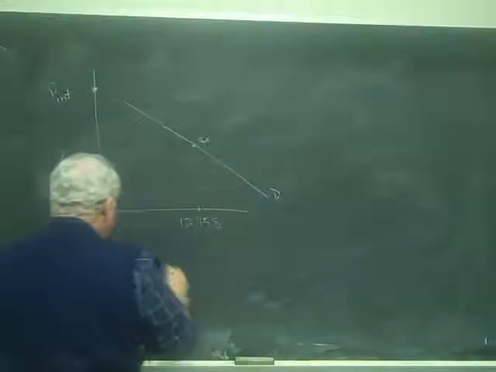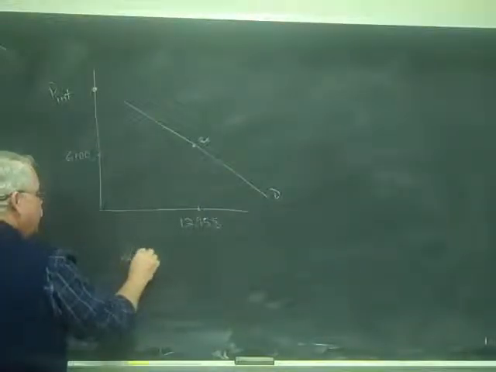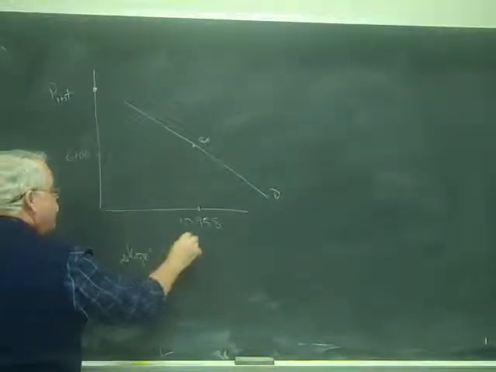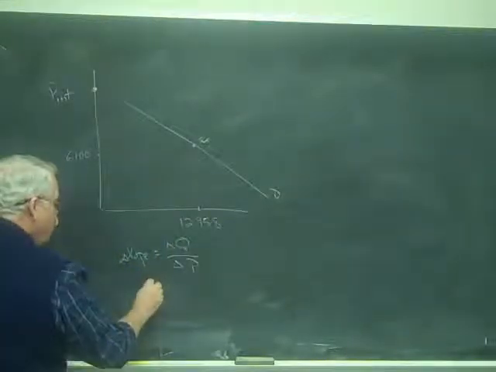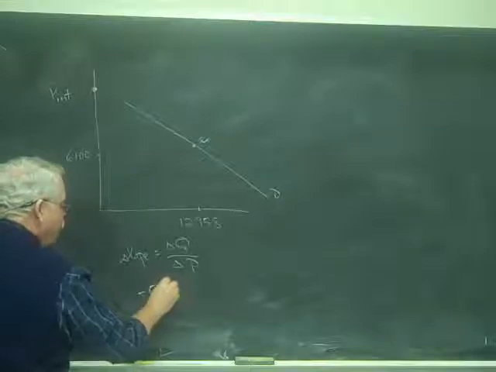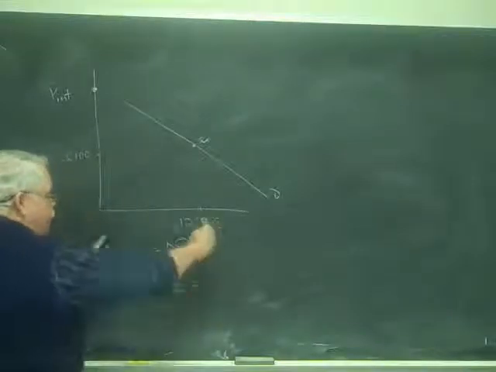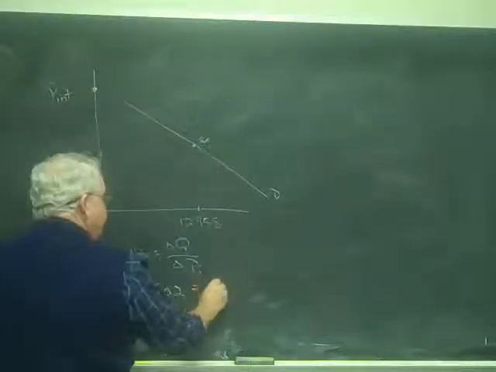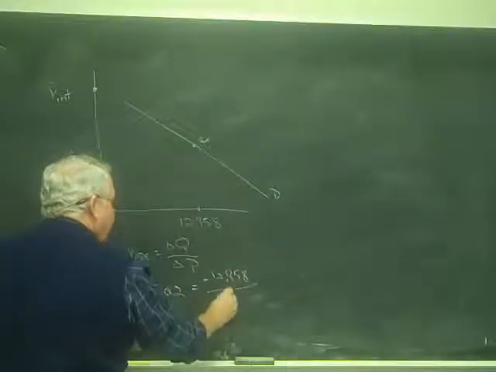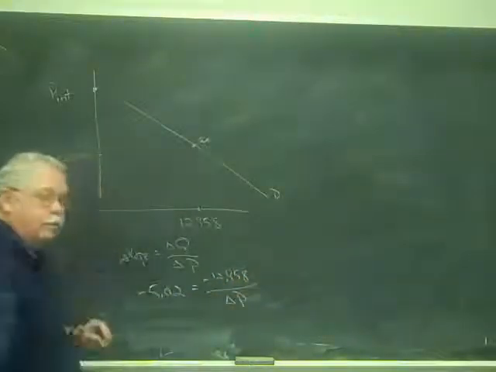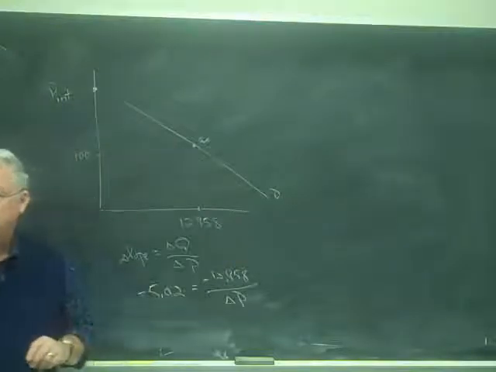So what do I know? I know the slope is equal to the change in quantity over the change in price. I know the slope is negative 5.2. I know my quantity has got to decrease by 12,958. So I can solve for the change in price.